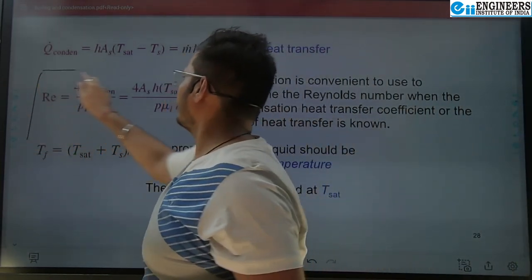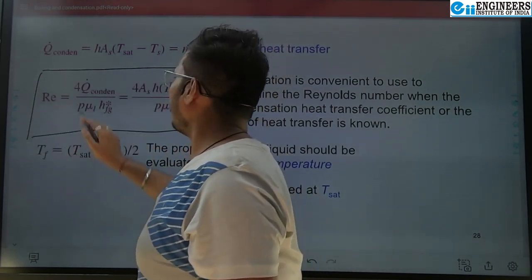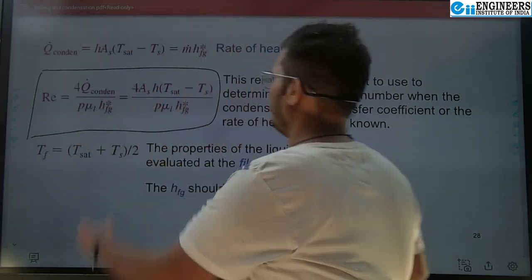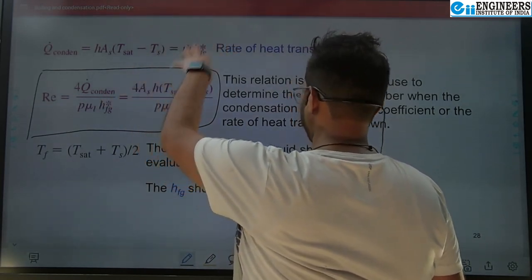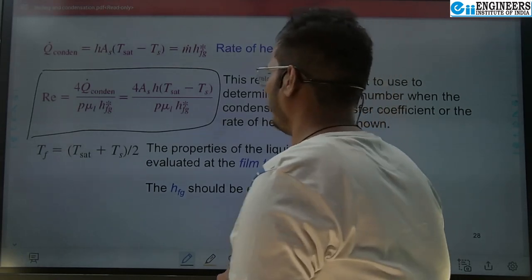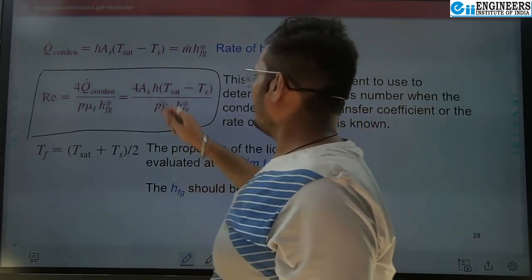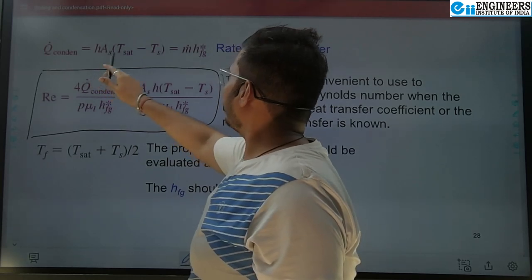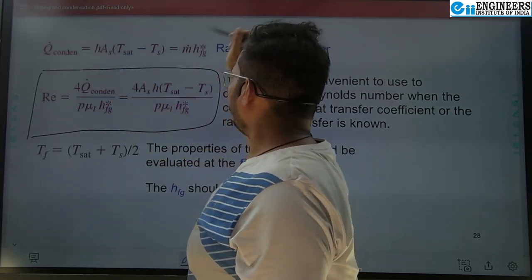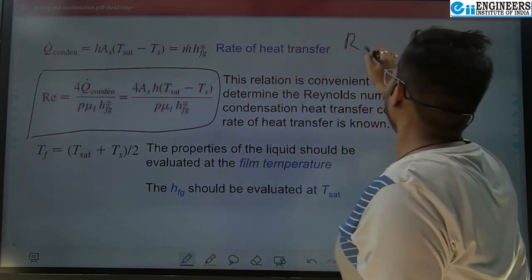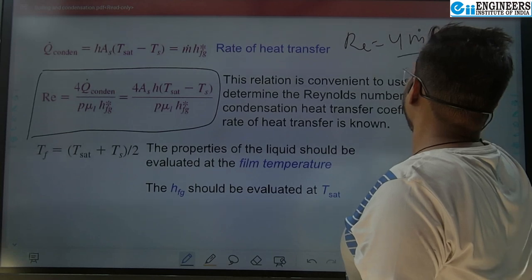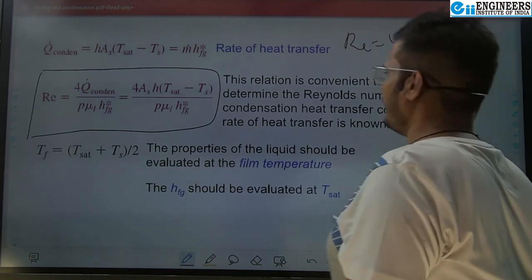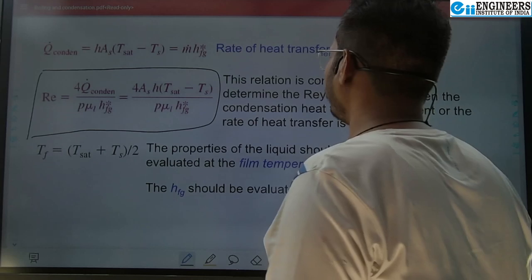Typically this is a 2-mark GATE question: how you can get the Reynolds number using the condensation rate, that is the rate of heat transfer, when the condensation heat transfer coefficient is known to you. So this equals 4 h A_s (T_sat minus T_s), and we know that Re equals 4 m dot by P mu. What did it do here?